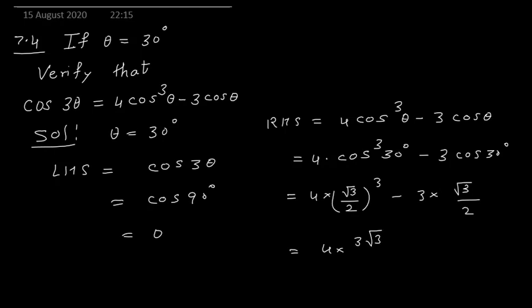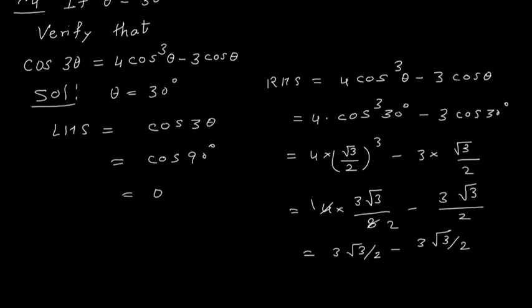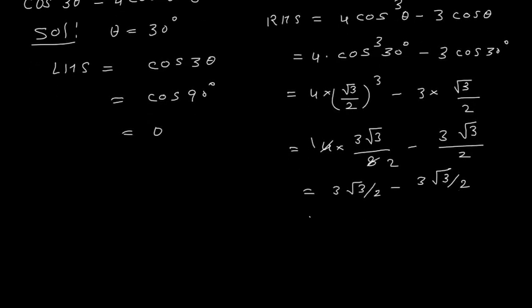Root 3 cube means root 3 square into root 3, and root 3 square is 3. So 3 root 3 divided by cube of 2, which is 8, minus 3 root 3 divided by 2. Now here 4 ones are 4, 4 twos are 8. So we get 3 root 3 divided by 2 minus 3 root 3 divided by 2, which will give me the answer as 0.